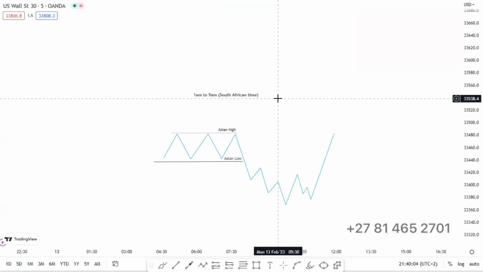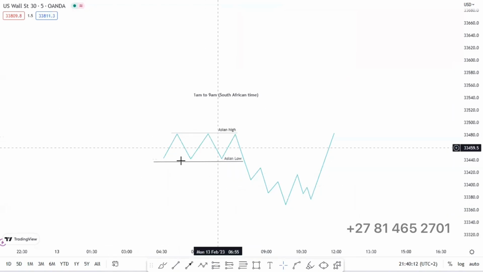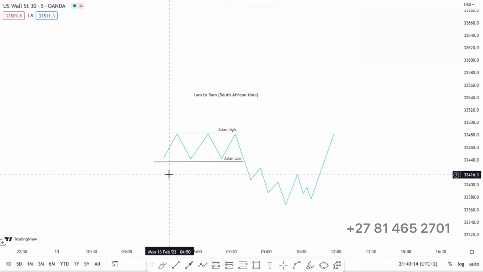Those four things, that's where you can find this. This literally happens almost every day. If you can't find it on Nasdaq, you can look for it on the US30, German, or gold.